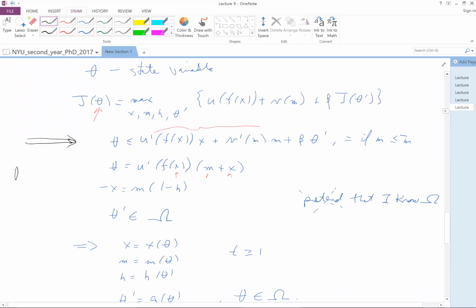In other words, theta t plus 1, by iterating this Euler equation, is going to be some function of the continuation vector.